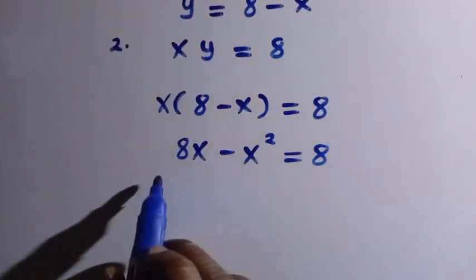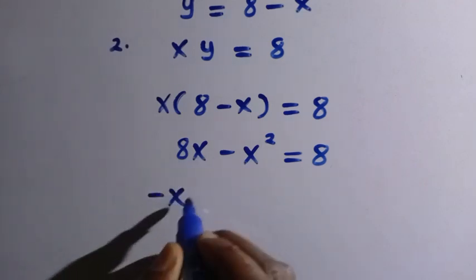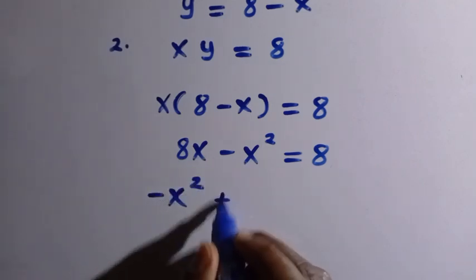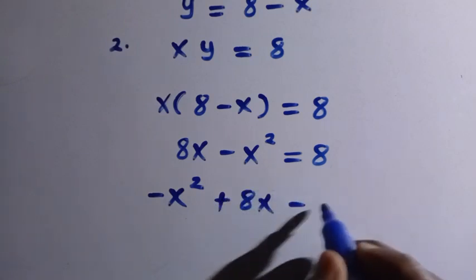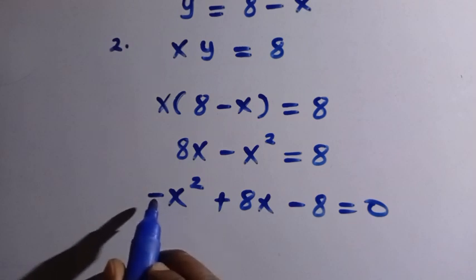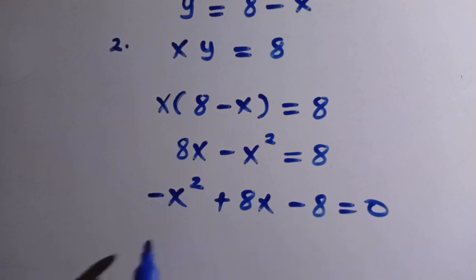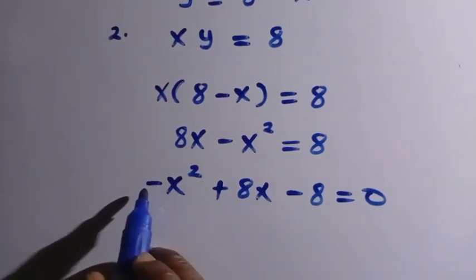Let's try to rearrange this. We transfer this here and we have minus x squared, plus 8x, minus 8 equals 0. So we have this negative here. Since this is a quadratic equation, we have to multiply throughout by negative to avoid having a negative here.